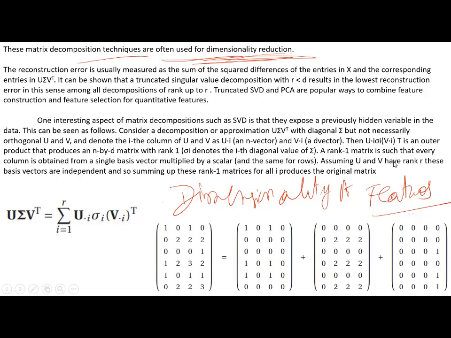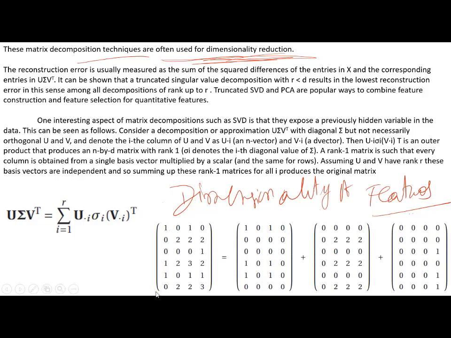A rank 1 matrix is such that every column is obtained from a single basis vector multiplied by a scalar. Assuming U and V have rank r, these basis vectors are independent, and so summing up these rank 1 matrices for all i produces the original matrix.